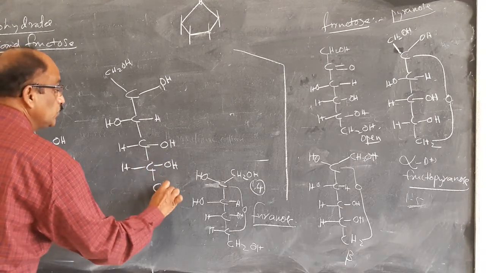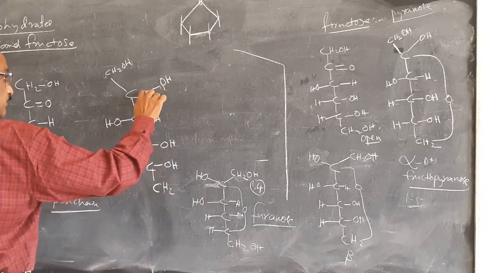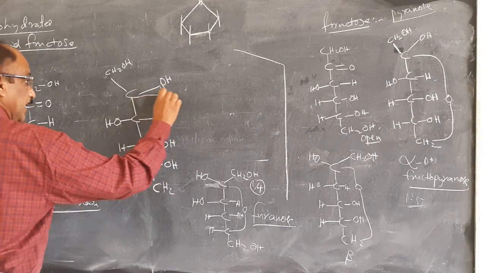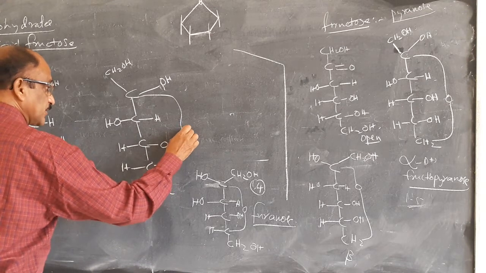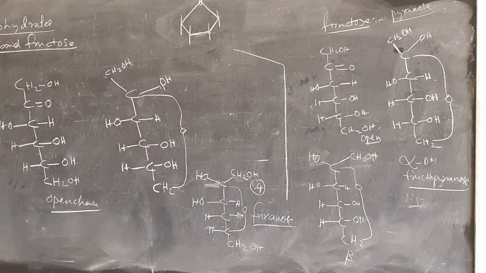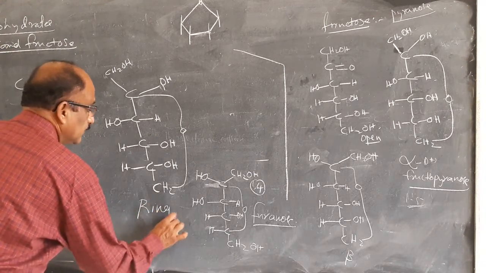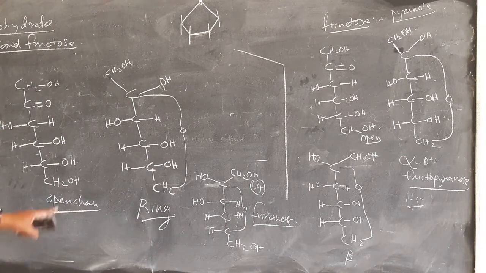This is CH2 because this hydrogen atom has gone here, and there is a glycosidic ring structure. The ring is formed like this. So this is the ring structure of fructose. This one is the open chain structure, and this one is the ring structure.